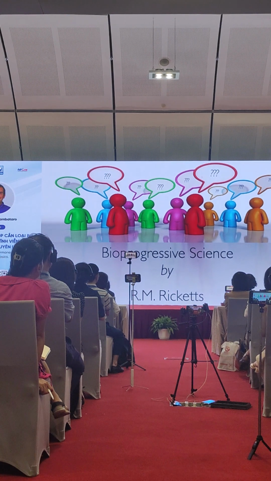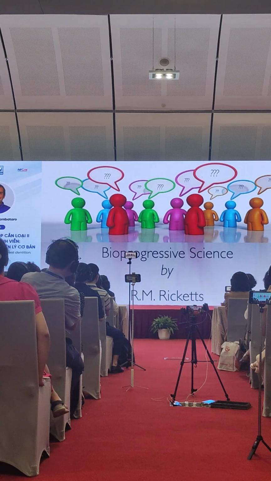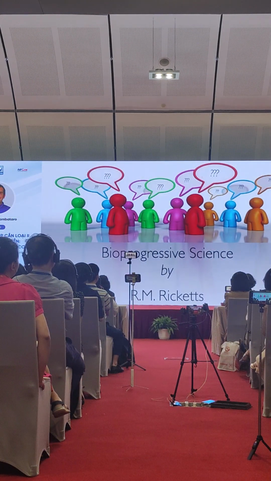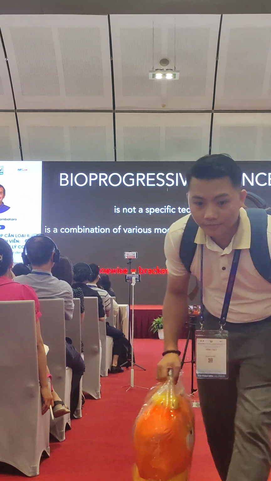And to me, the answers for the orthodontic needs are in the bioreactive science that was invented by Ricketts back in the 50s. And the bioreactive science is not a specific technique. It's a combination of various modalities used in a logical sequence.